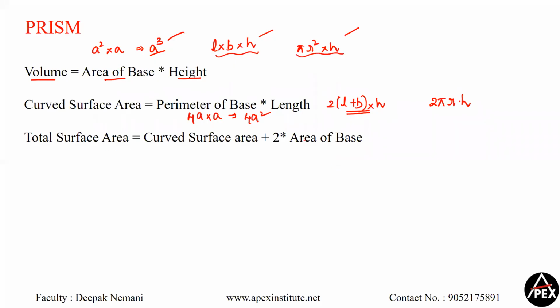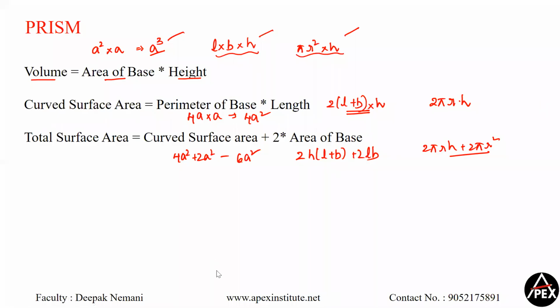Now total surface area of cube: 4a square plus 2a square, 6a square. Now total surface area of a cuboid: 2 into h into L plus b, plus 2lb. Now total surface area of a cylinder: 2 pi r h plus 2 pi r square. Clear? So prism is a three-dimensional solid which has uniform cross section throughout.